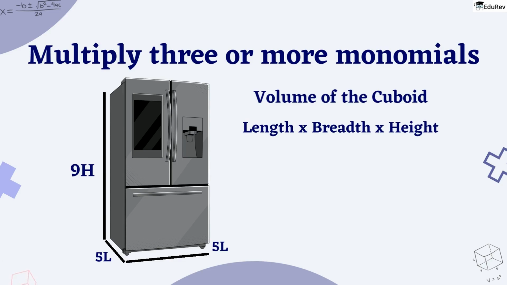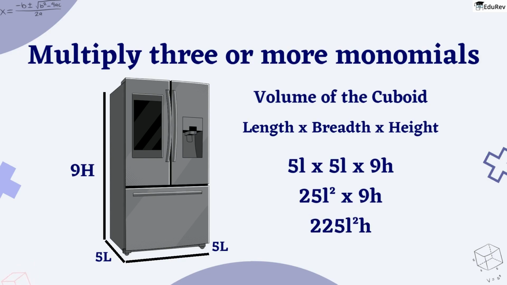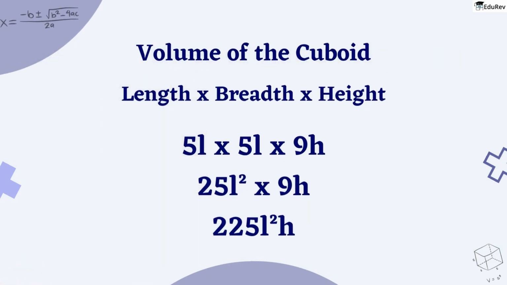The volume of the cuboid is 5L into 5L into 9H, which is equal to 25L² into 9H, which is equal to 225L²H. In this case, we multiplied the coefficients together and the variables together.